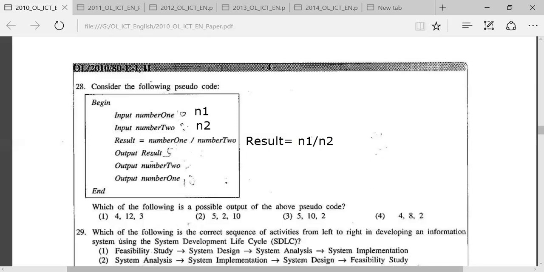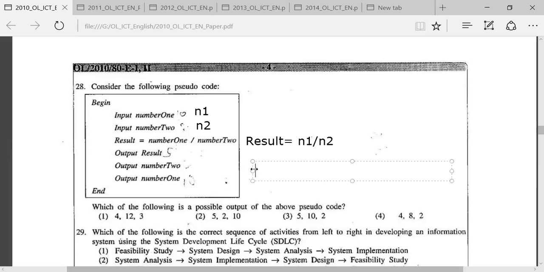Here you have to be sure what is the order they have asked. They asked that the order is output result first. So the N1 divided by N2 value will be your first answer. Here your order is in reverse: n1 divided by n2, then number 2, then number 1.